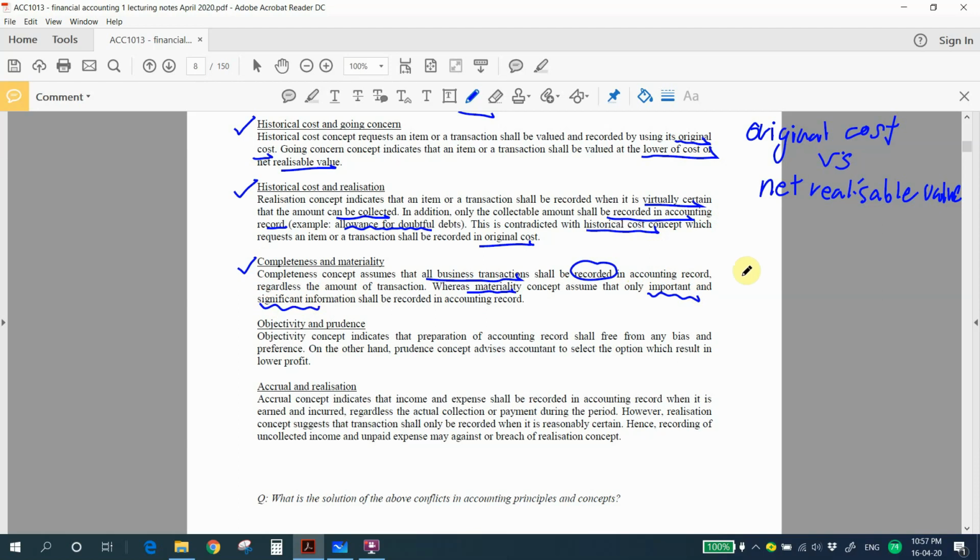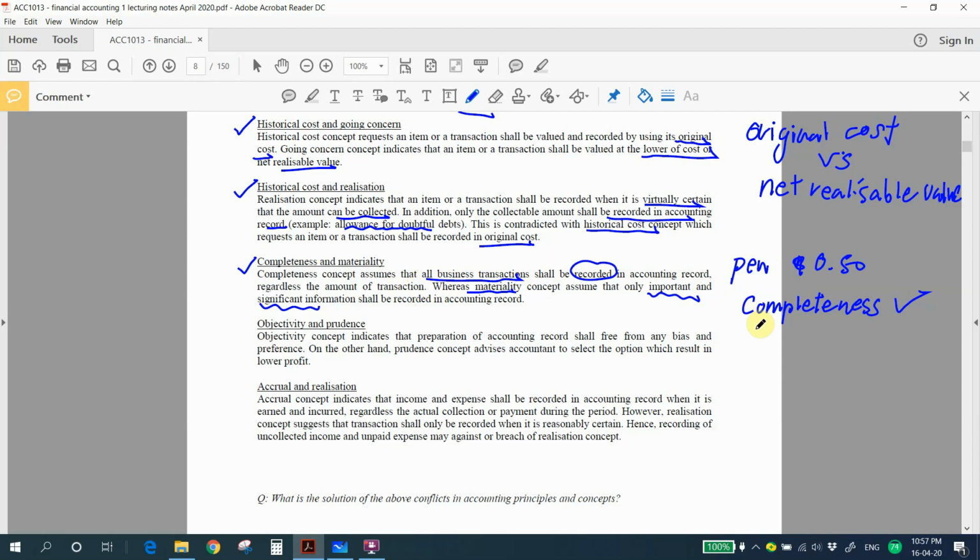For example, let's say you buy a pen, let's say 50 cents. According to the completeness concept, it says that yes, we need to record. Why? Because all the business transactions shall be recorded regardless of the amount.